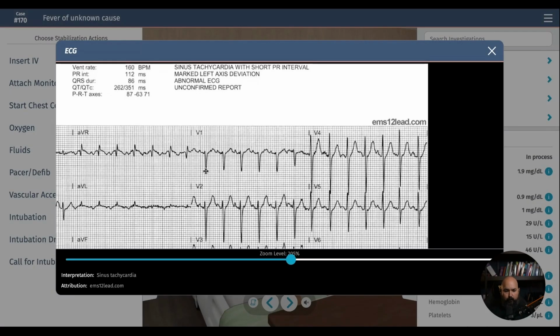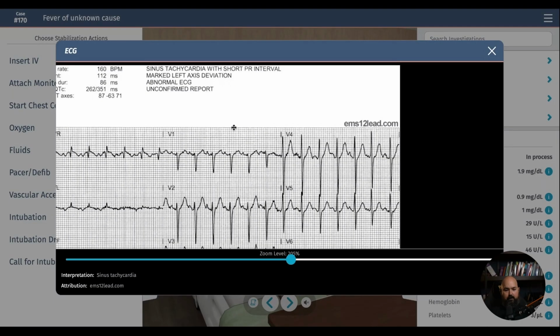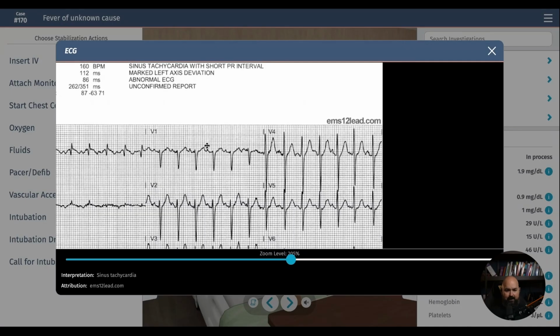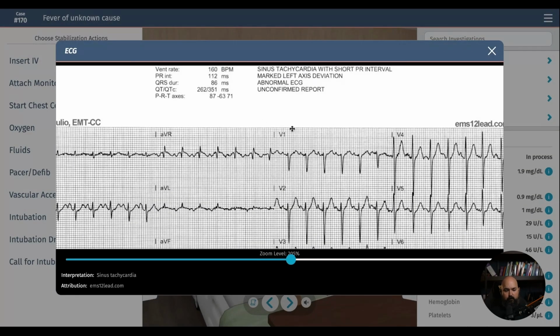But this one reads, and I'll have to double check my settings. When you're playing this game, you can change the settings to how difficult you want it to be. A lot of times when I play it, I don't put any interpretive measures on it, just to push me a little bit. But this one says sinus tachycardia with short PR interval, marked left axis deviation, abnormal ECG.